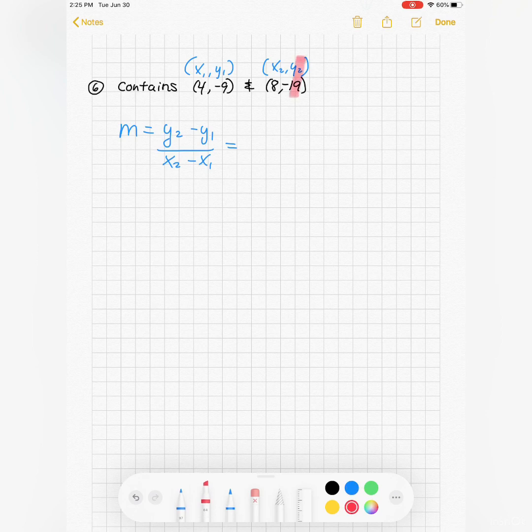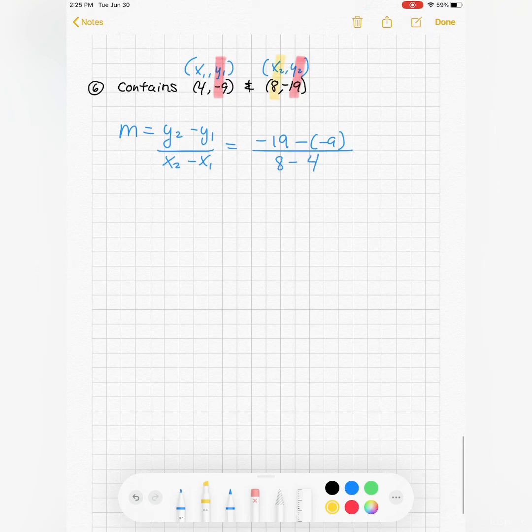So negative 19 minus negative 9 over 8 minus 4. Negative 19 plus 9 over 4. Negative 10 over 4. Negative 5 over 2.